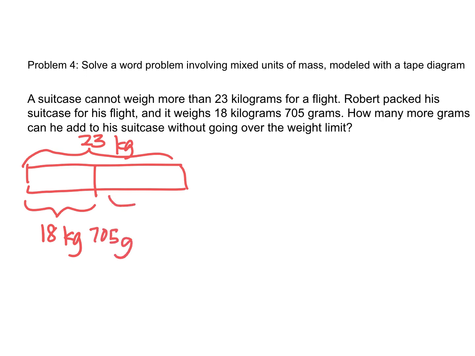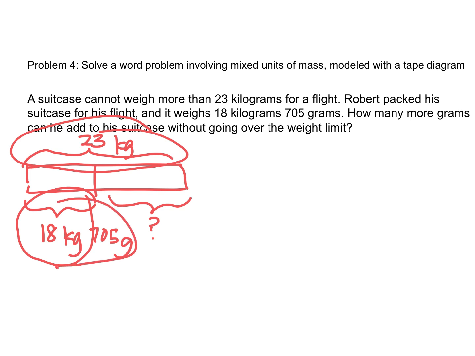So what we want to know is, how much more can he pack into that without going over? Remember, when we have the total on the top, and we've only got a partial part down here, that means that we need to subtract.